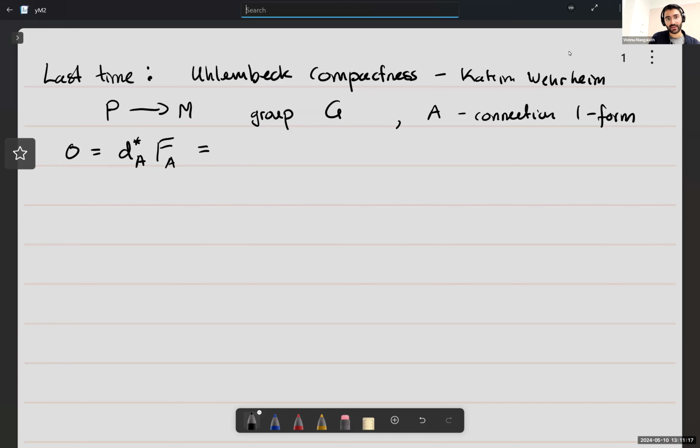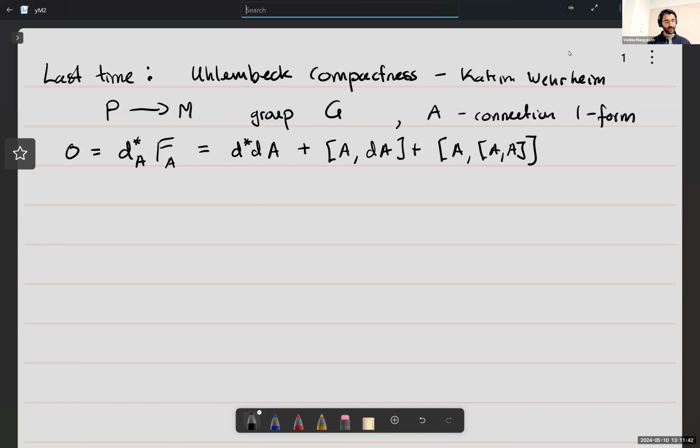And we calculated that, not in local coordinates, but written down expanded, we get d star dA plus A dA plus [A, A, A], that's what it looks like.